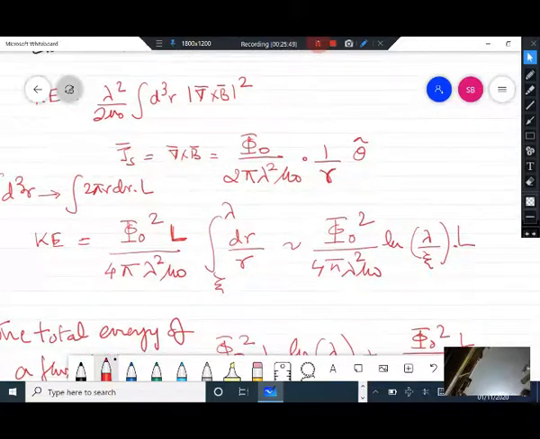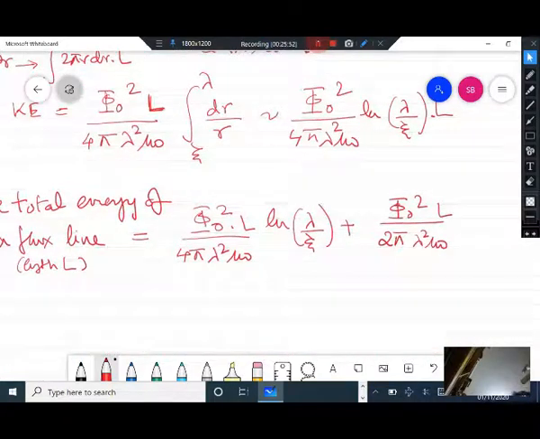So this gives you this extra contribution which is coming from the magnetostatic term.